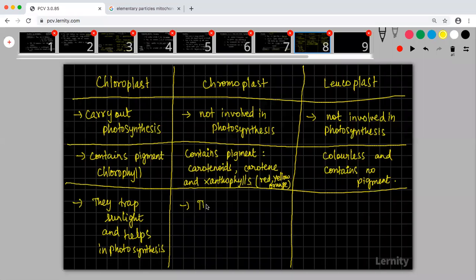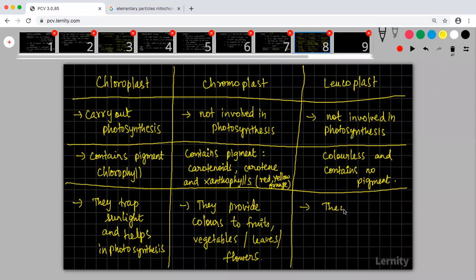They provide colors to plants, fruits, vegetables, or leaves, or flowers. What will leucoplasts do? They will store substances.